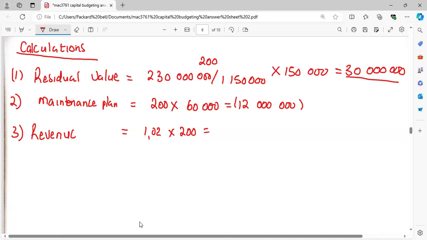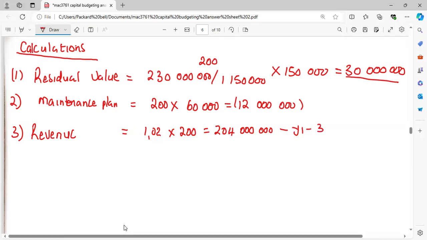How much are we going to have there? 204 million. Then we need to increase it from year 4. So from year 1 until year 3 is going to be 204 million.